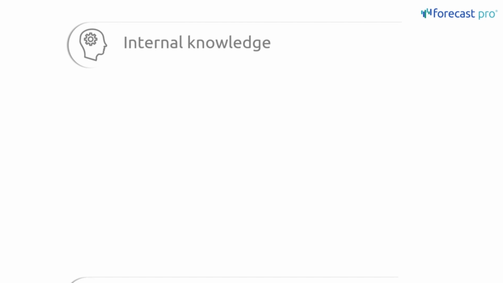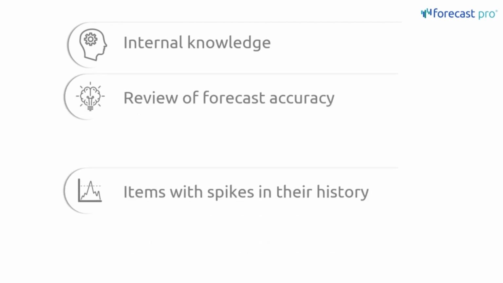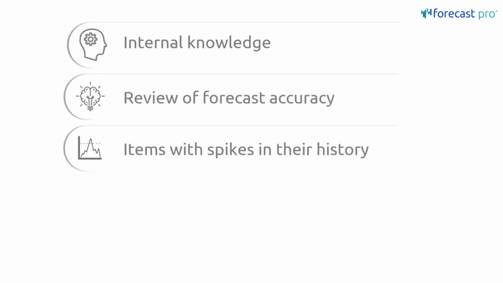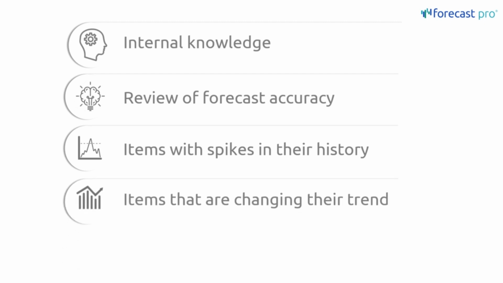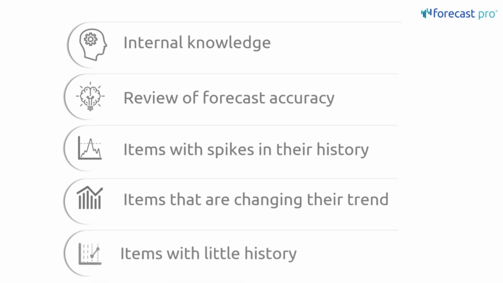So if expert selection is working so hard to find the best model, why would we ever want to change it? Well, there are a few reasons. Sometimes the history doesn't tell the whole story, and real life is more than just statistics and numbers. You might want to adjust a model because of internal knowledge, reviewing forecast accuracy, fixing items with outlier spikes in their history, dealing with items that are changing trend or expected to perform differently in the future as compared to the past, or when working with new items that don't have much history.